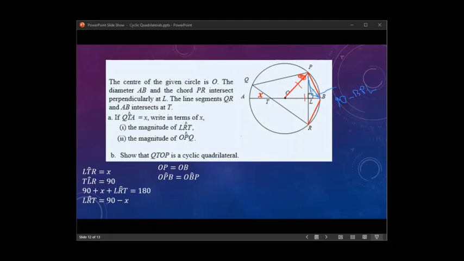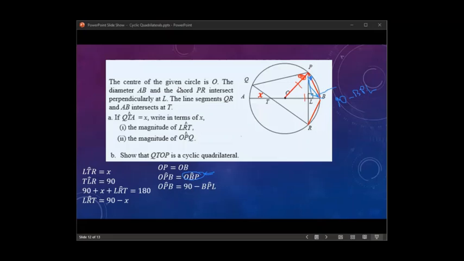This angle is equal to 90 minus this one. Okay, you can write the sum of interior angles of this BPL triangle and get that expression. So OBP is equal to 90 minus BPL. Then I will substitute that expression instead of this OBP here. Then I can get OPB is equal to 90 minus BPL.